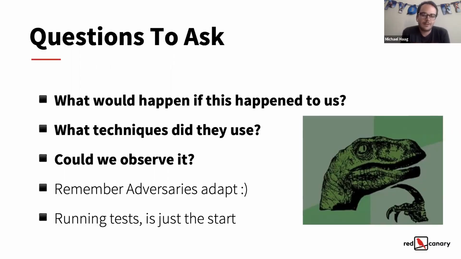As we collected it, the question was: what would happen if this happened to us? If you're an organization looking at this data, or you read a report on them, would you have coverage for their behaviors in your environment? Are there any particular techniques they perform that you may not have coverage for?